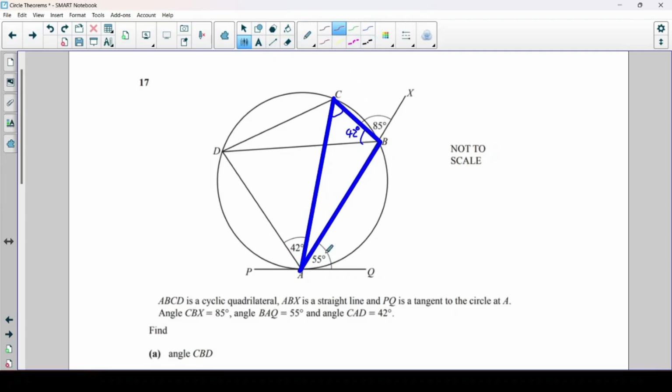So here we've got our triangle, and here we've got our tangent. And again, we can make that kind of Z shape we've spoken about before, except it's not alternate angles, it's the alternate segment theorem. So it's the angle at the end of that Z and this one here. So that means that this one here is going to be 55 degrees. ACB is 55 degrees. Let's add it to the diagram and put it on our answer line.